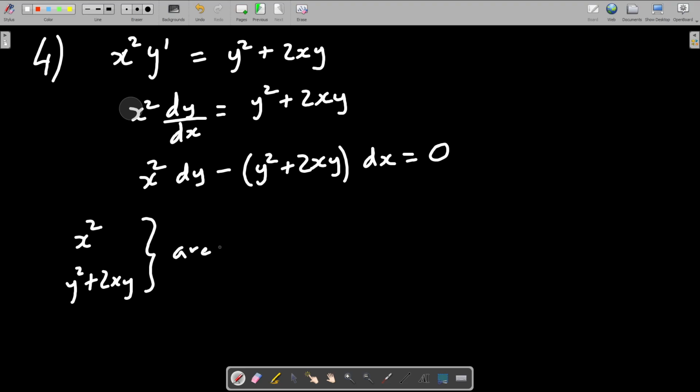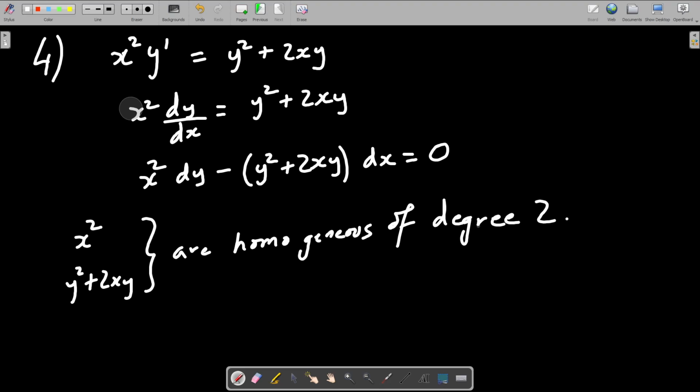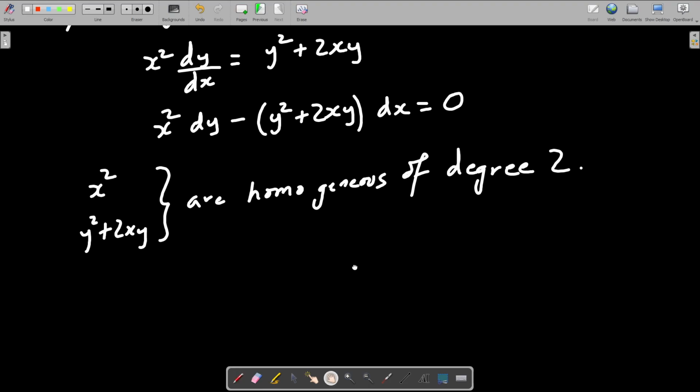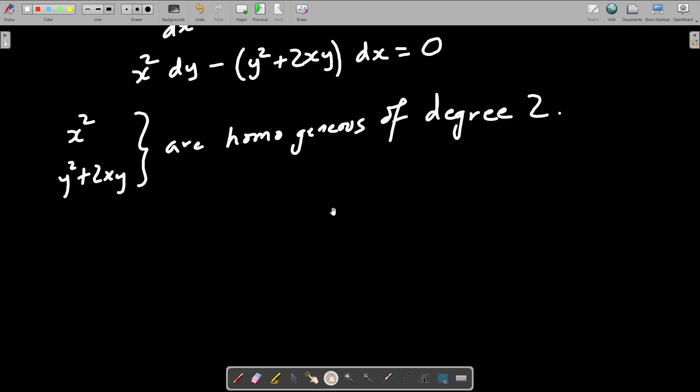Well, you can verify this one, both are homogeneous. Okay, so it's homogeneous of degree 2, hence this is the homogeneous equation.